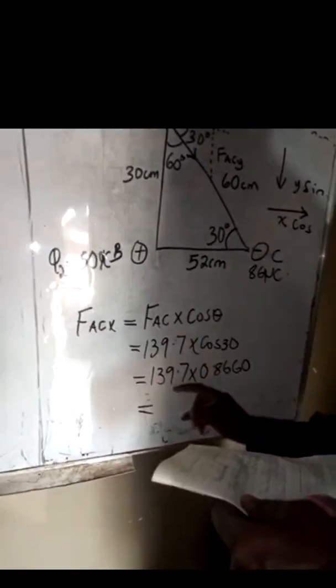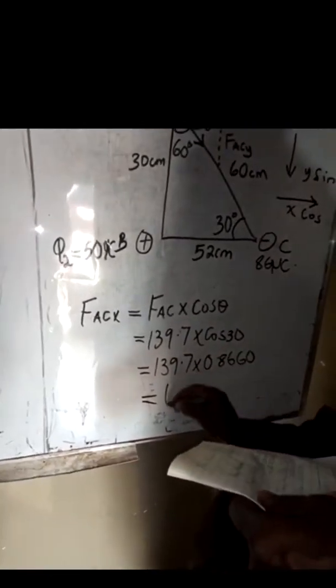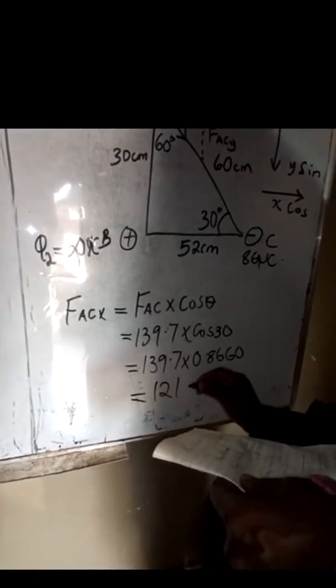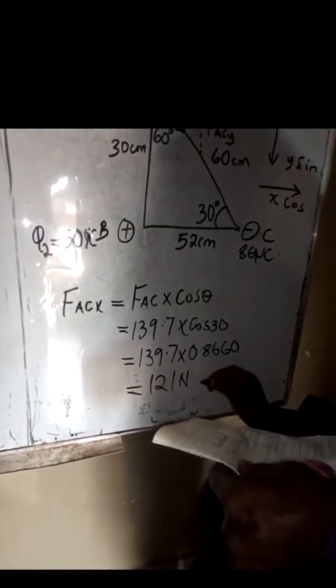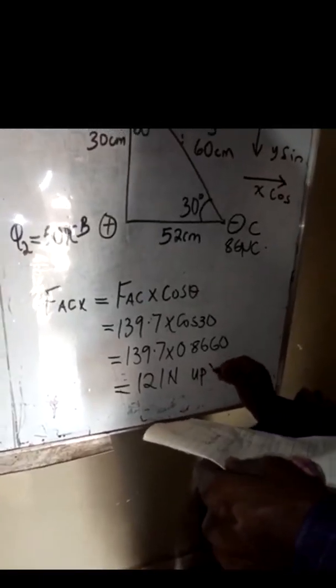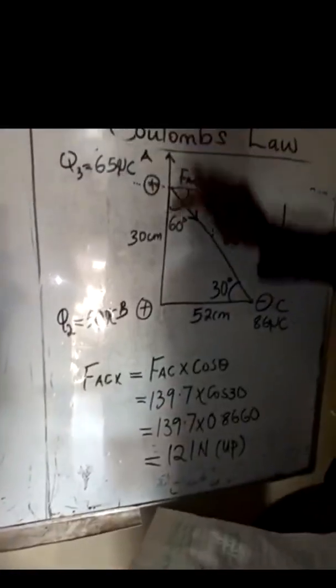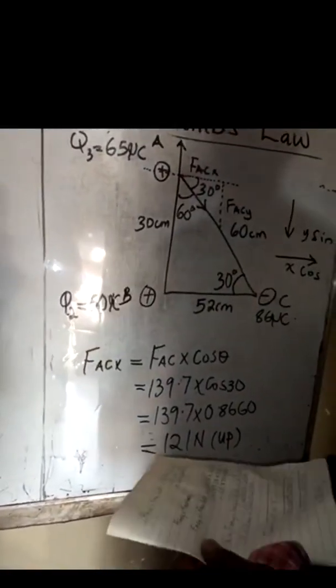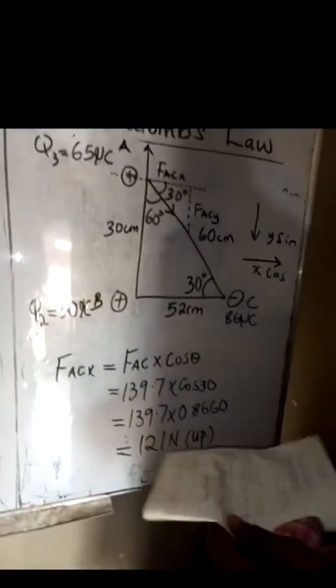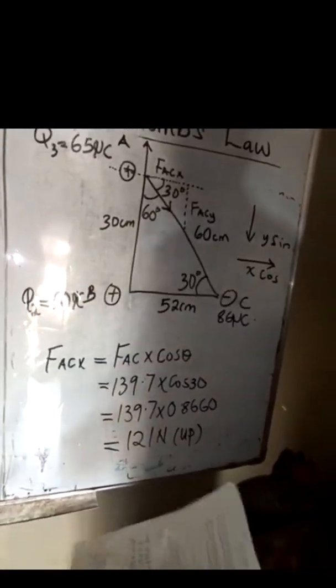By the time you multiply these two things together, your answer will be 121 Newton. That is upward movement. That is the direction of the charge. You understand? So that is our FACX.